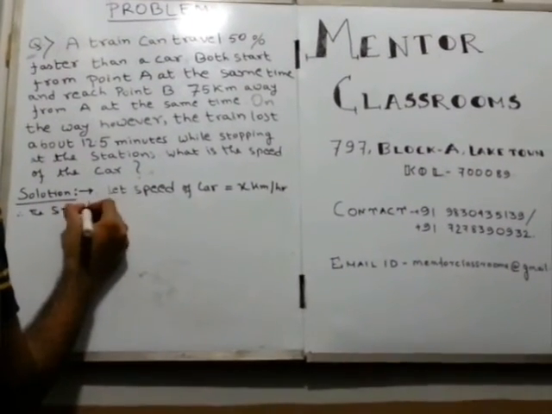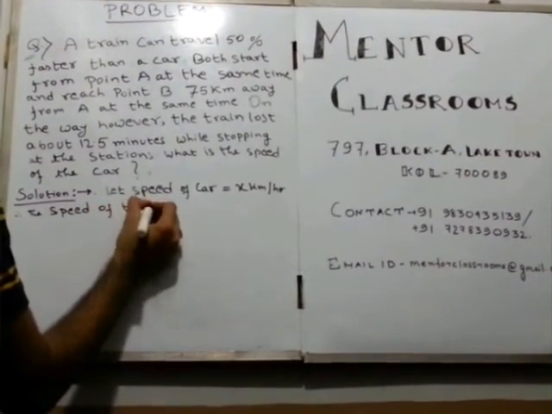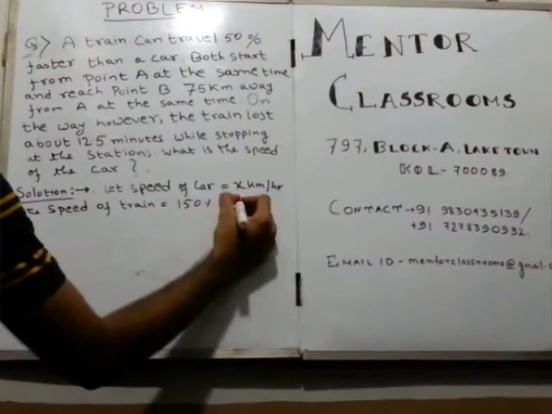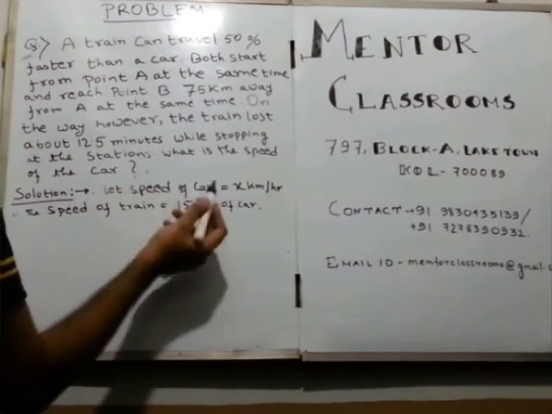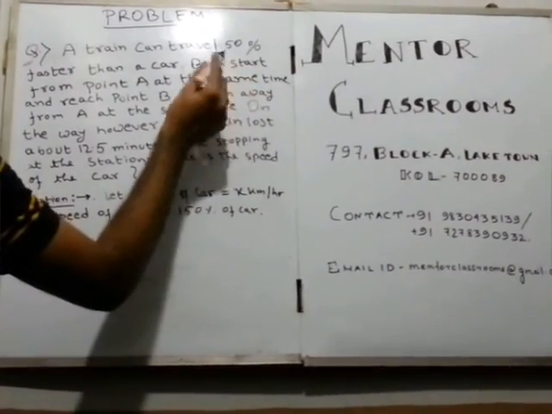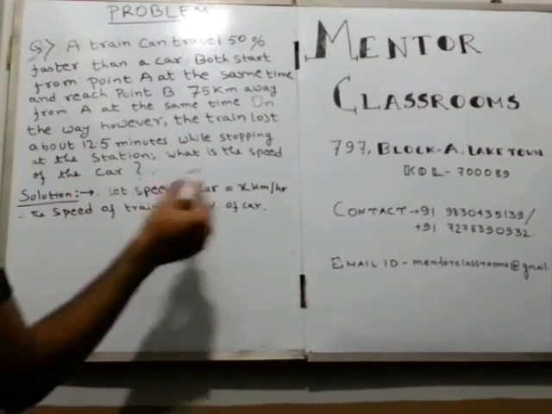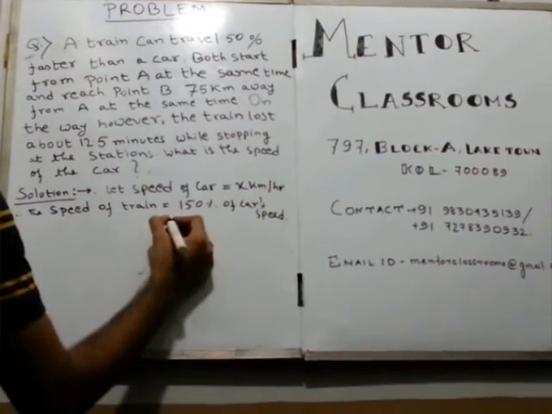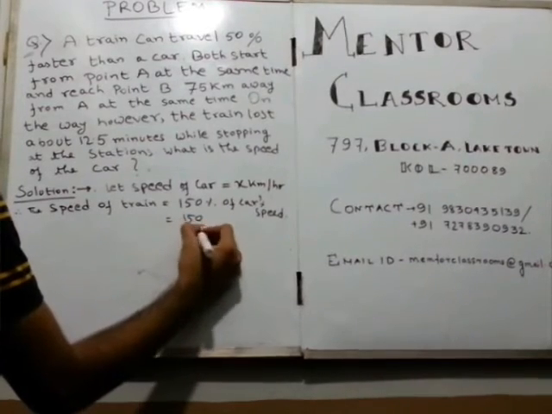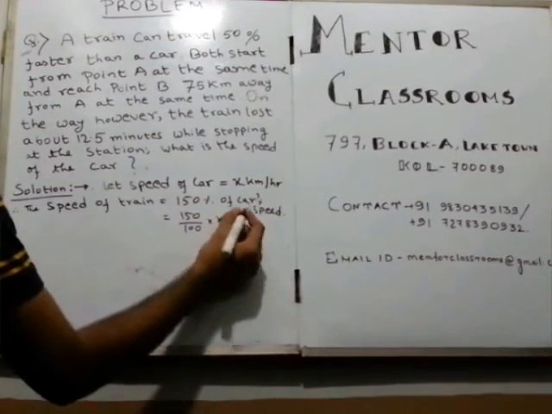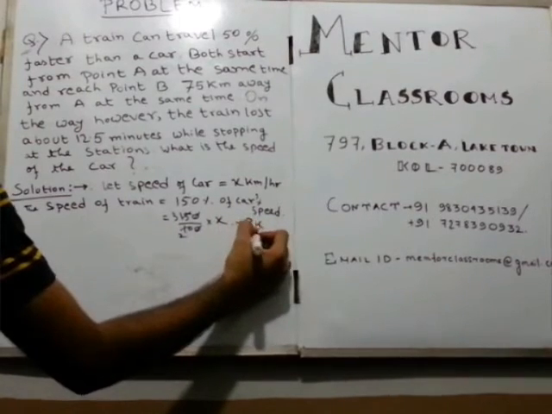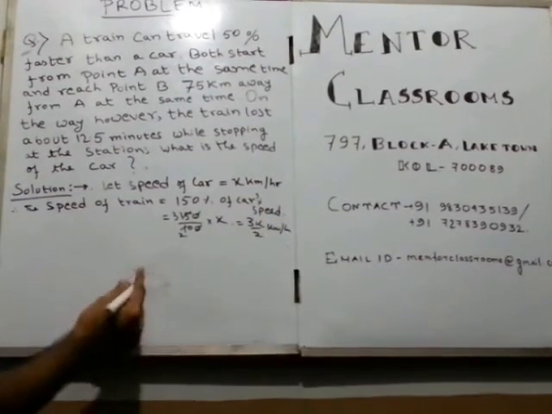Therefore, the speed of train will be 150% of car, because the speed of car is 100% and the speed of train is 50% more, means 150% that of car speed, which is nothing but 1.5 of x kilometer per hour.